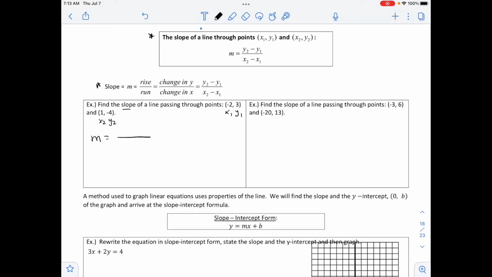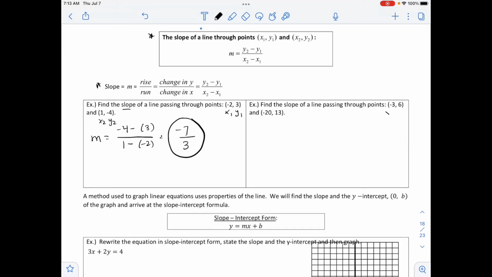So we have y2, which is -4, minus y1, which is 3, over x2, which is 1, minus x1, which is -2. Simplifying, we have -4 minus 3, which is -7, over 1 minus -2, which is 3. We leave slope as an improper fraction if you can't simplify it, and 7 and 3 cannot be reduced.